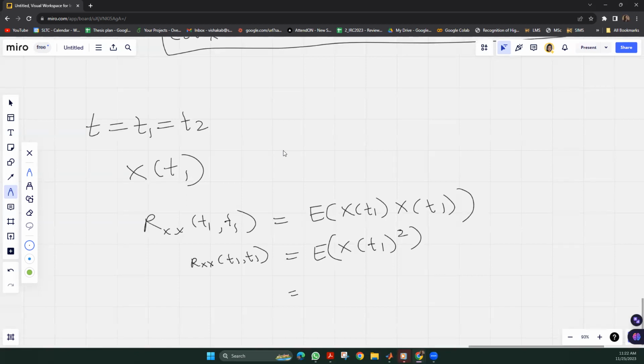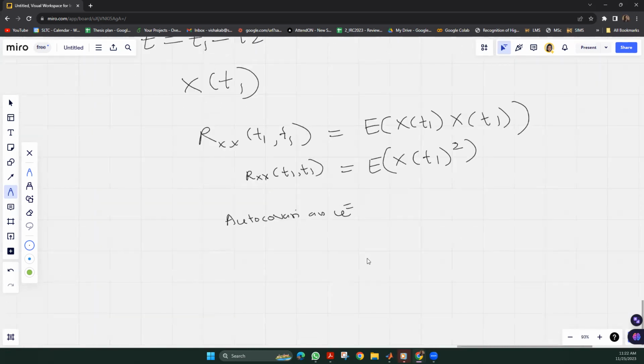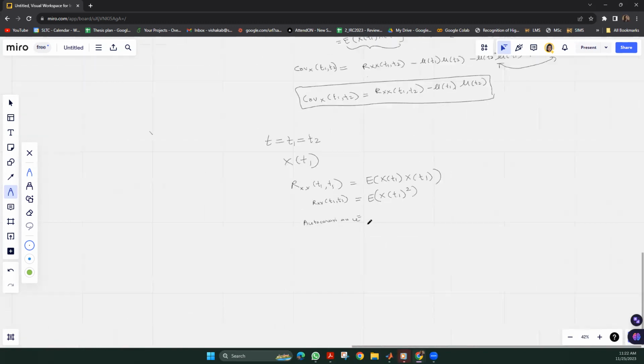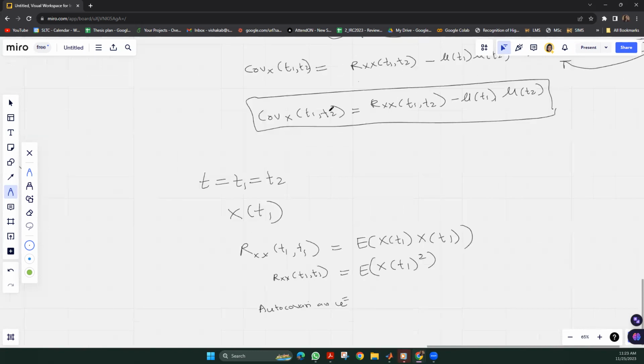And then when we consider the autocovariance, it will also be the case where we substitute t1 equals t2.